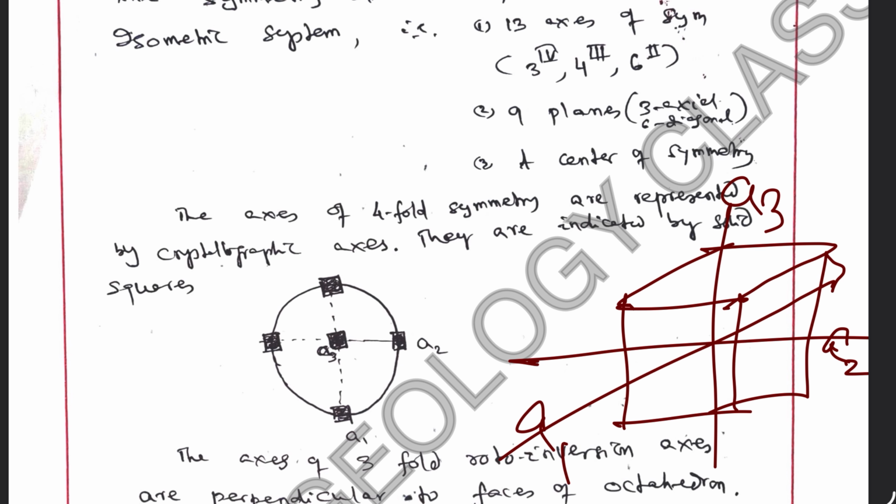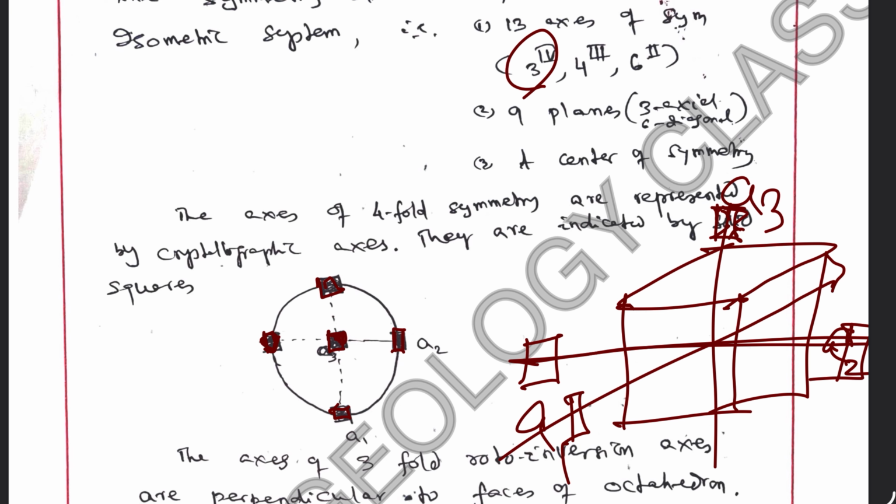This axis is an axis of 4-fold symmetry, and this is the 4-fold symmetry symbol. The A2 axis is 4-fold, the A1 axis is a 4-fold axis, and the A3 axis is a 4-fold axis. This is shown at the center. So the 3 axes of 4-fold symmetry have been shown.